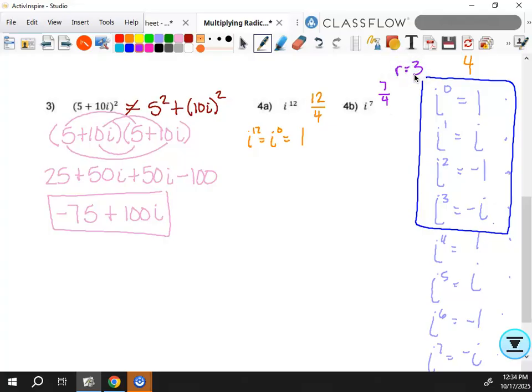That's what we're looking at, okay? 4 goes into 7 once with a remainder of 3. That means that i to the 7th is the same thing as i to the 3rd, because we took out all the repeated sections. And i to the 3rd is negative i, and that's our answer. Questions on that before I give you another one?